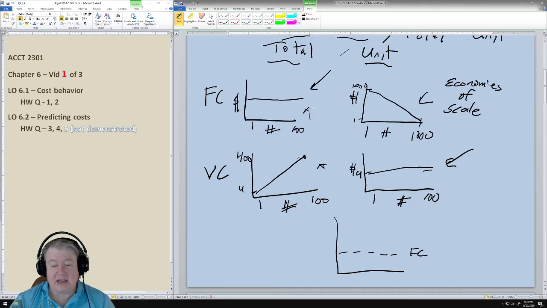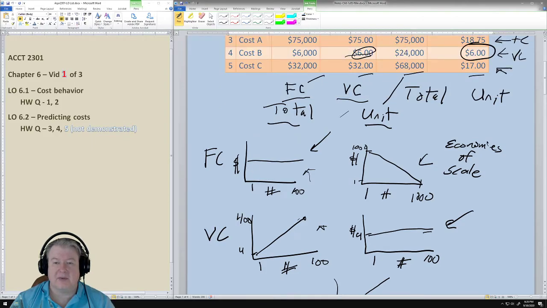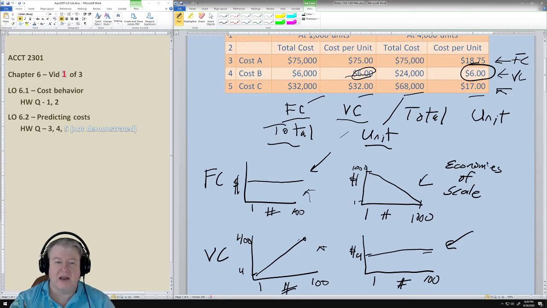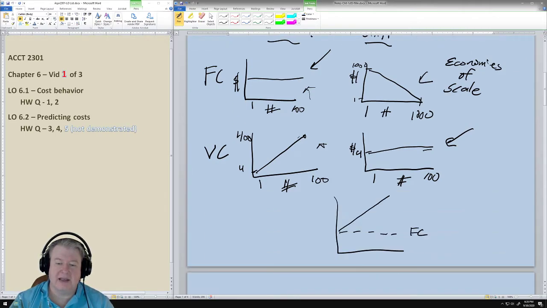And then for each unit we build, we're going to add on top of it the variable costs. So you can see it looks like both the fixed cost and the variable cost. And that's what this last one here, this number 5 is, this graph here. And we call this mixed cost because it's a mixture of both the fixed and variable costs. And that's the normal cost you get. But normally we break out costs into fixed and their variable components and look at them separately.